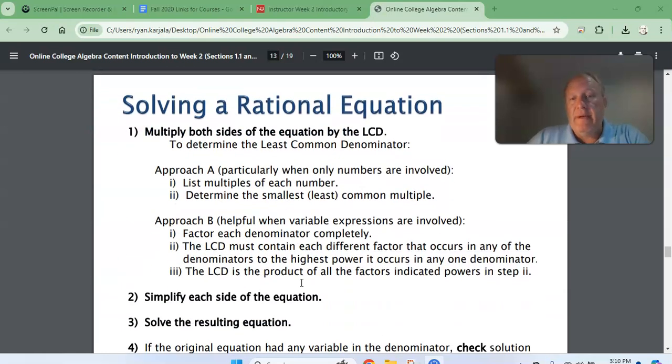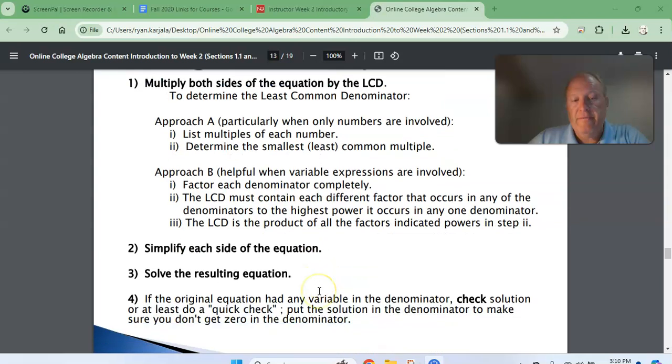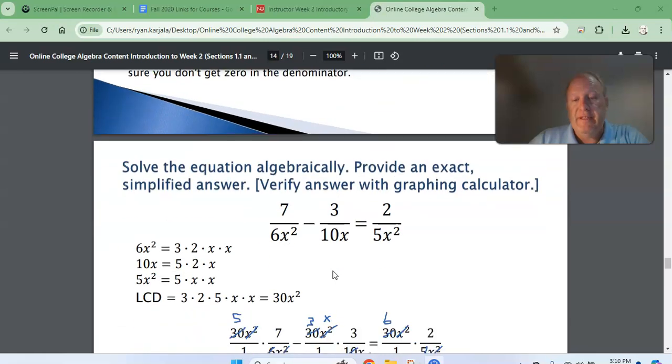So now we're going to talk a little about rational equations. In solving rational equations, you want to multiply every term by the least common denominator, and then solve the rest of the equation as normal, because multiplying by the least common denominator removes all your fractions, which is a good thing. So you can see how that works here. We have three denominators, 6x squared, 10x, and 5x squared.